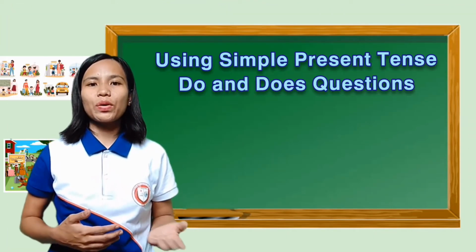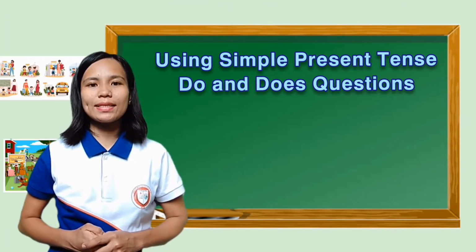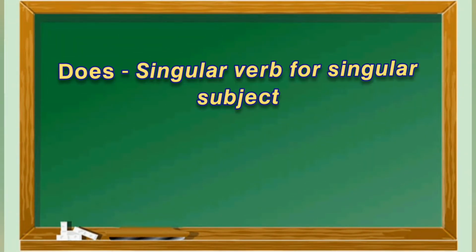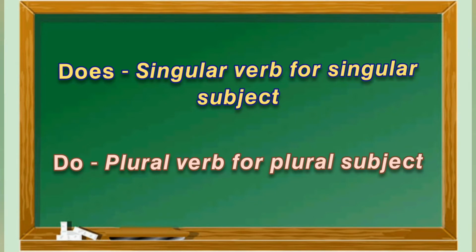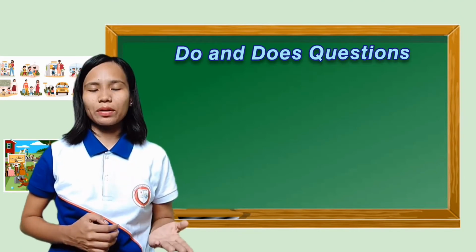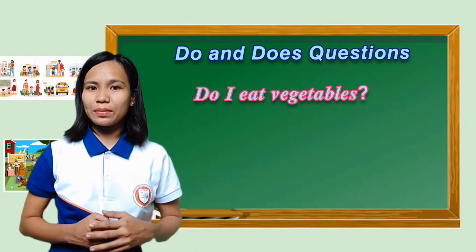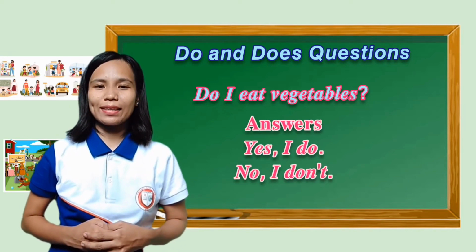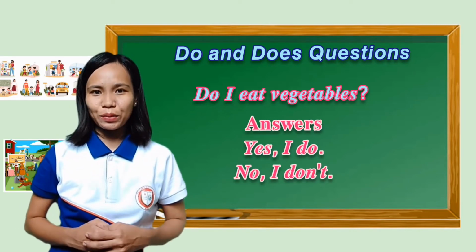We can also use simple present tense in do and does questions. Class, take note that does is the singular form for a singular subject, and the verb do is used for plural subjects. For example, do I eat vegetables? The answer could be like this: yes, I do.